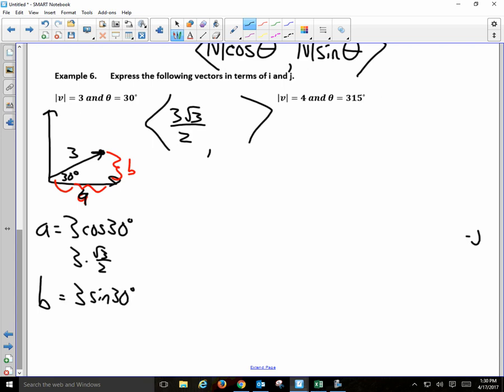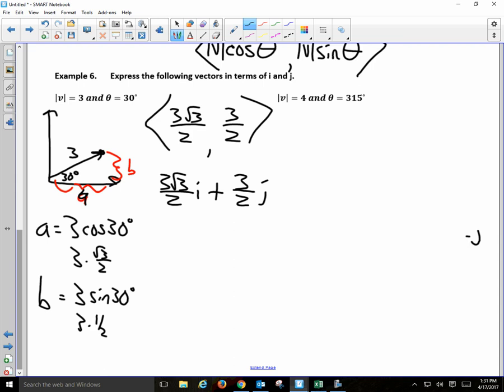And b is three times the sine of 30 degrees. 3 times 1/2, or 3/2. So that's the component form of the vector. If you wanted to write it in terms of i and j, you would have 3 root 3 over 2 i plus 3 over 2 j.